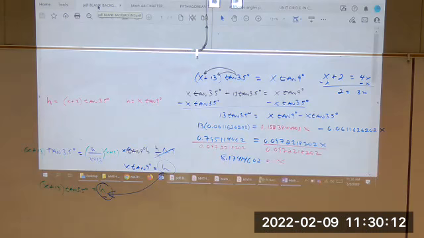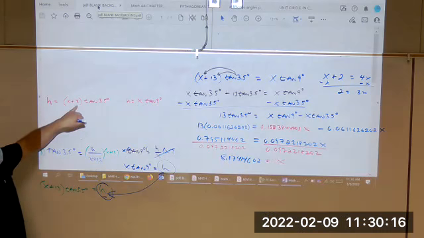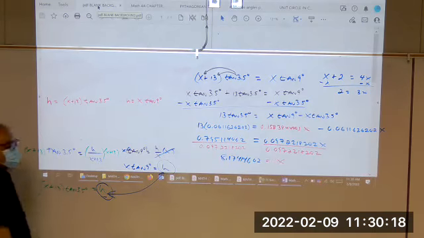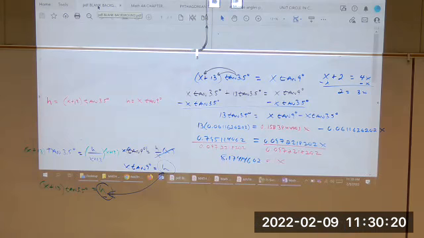The 9. Because over here, if you use the 3.5, you have to add 13 again, and then you multiply by the tangent of 3.5.